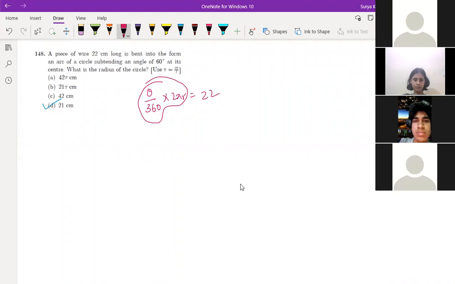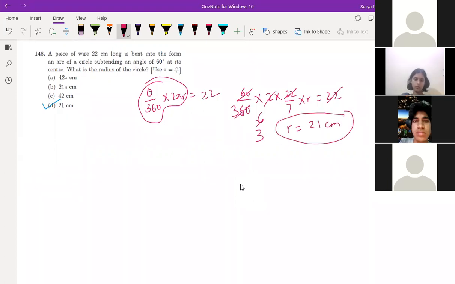Now theta is 60 degrees out of 360 degrees, so 60 by 360 into 2 pi r. 2 into 22 by 7 into r is equal to 22. 22 cancels, 6 times 3 is 6 in the same way. So r is equal to 21 centimeter. Yeah, this is the r. 21 centimeter. Yeah, it's correct.